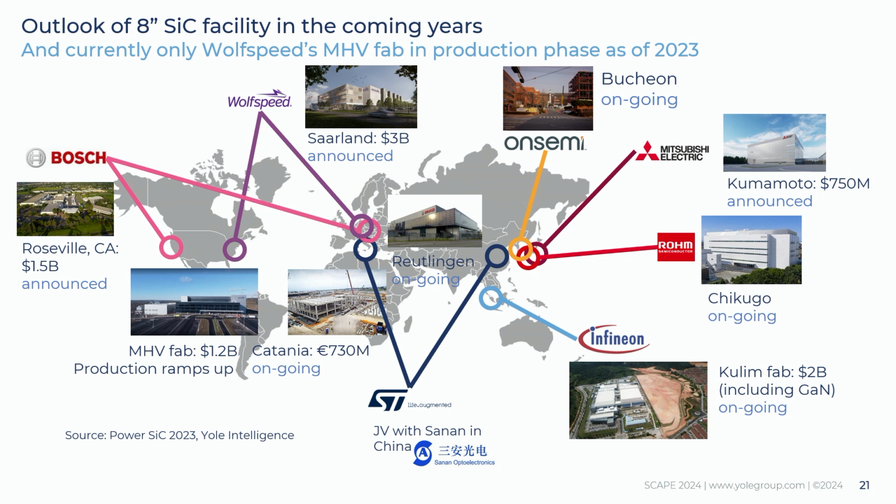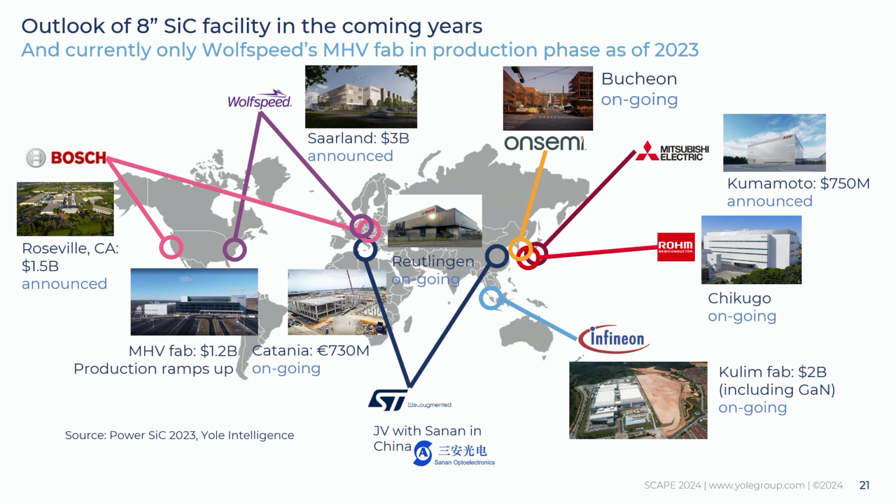Now we need to improve the packaging, and the second point is the move to 8-inch. So obviously to decrease the cost of silicon carbide. And so in the coming year, we expect an increase of facilities, or at least an investment in 8-inch silicon carbide facilities to reply to the demand.